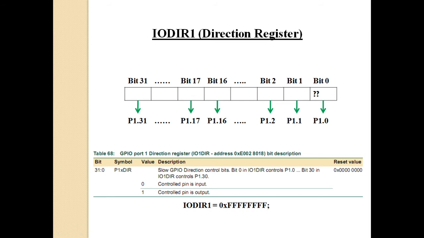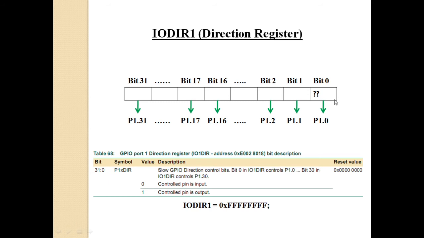And here you need to keep something in mind. In LPC2148, you have only pins from P1.16 to 31. So you need to configure only these bits. The other bits will be don't cares for you, right? P1.16 to 31 only you need to configure.